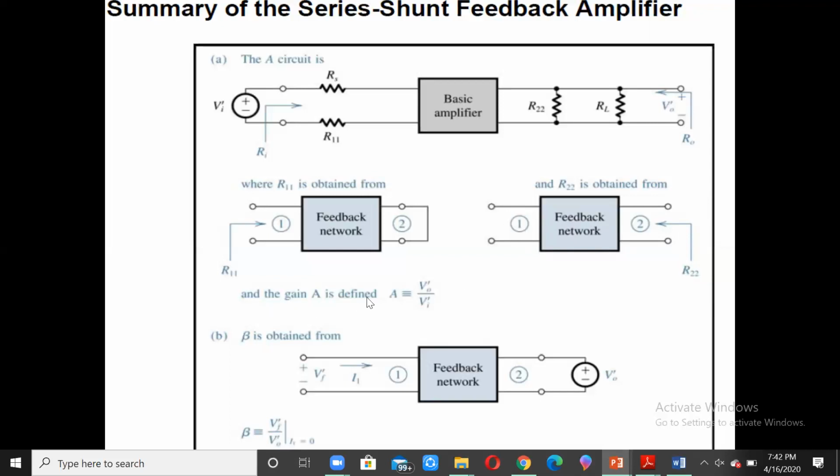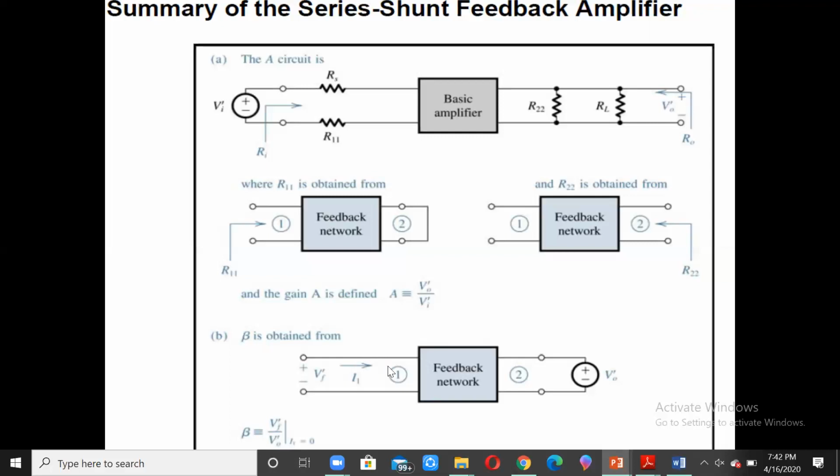And the gain A is defined as A is equal to V0 dash by Vi dash, and beta is obtained directly from the feedback network by connecting the output voltage over here and measuring the feedback voltage over here. Vf is equal to beta into V0 dash. So the value of beta will be Vf by V0 dash, corresponding again to I1 equal to 0.